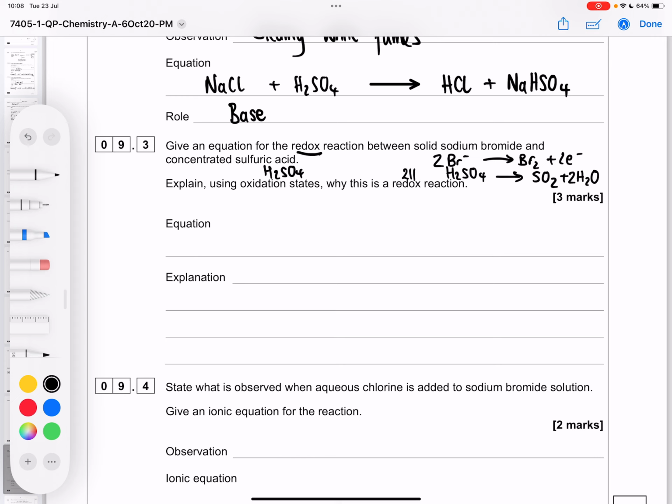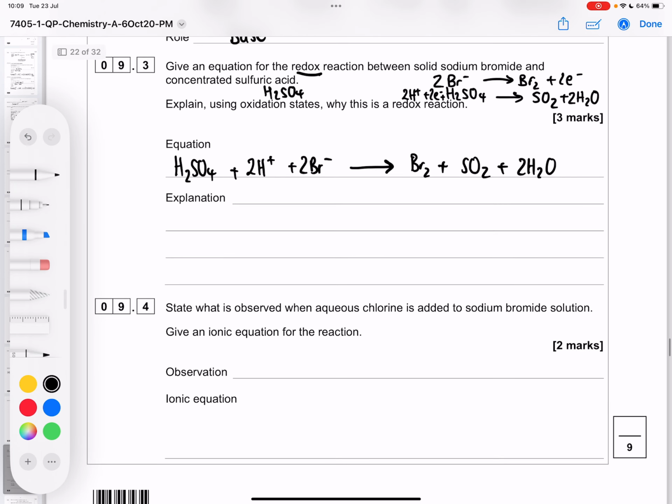And so we can see we end up with this equation, and we can combine those to say H2SO4 plus 2 H+ and 2 Br- goes to Br2 plus SO2 plus 2 H2O.